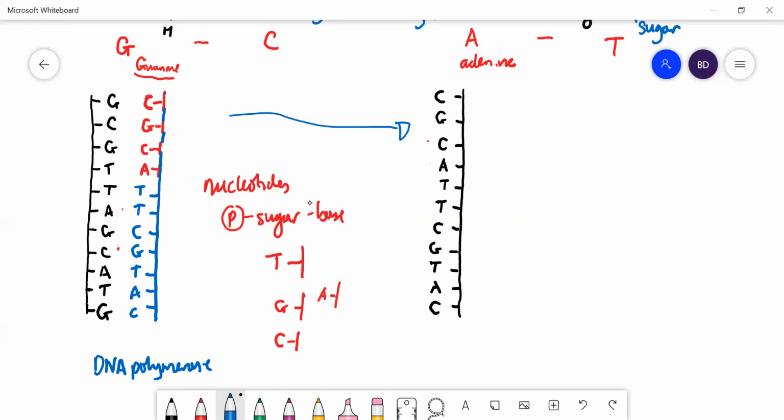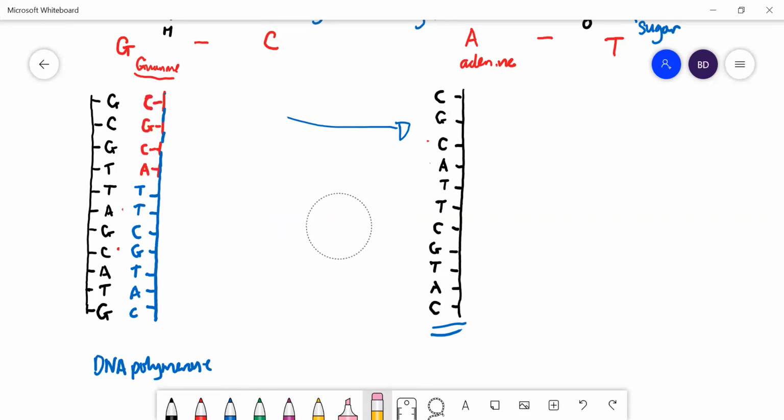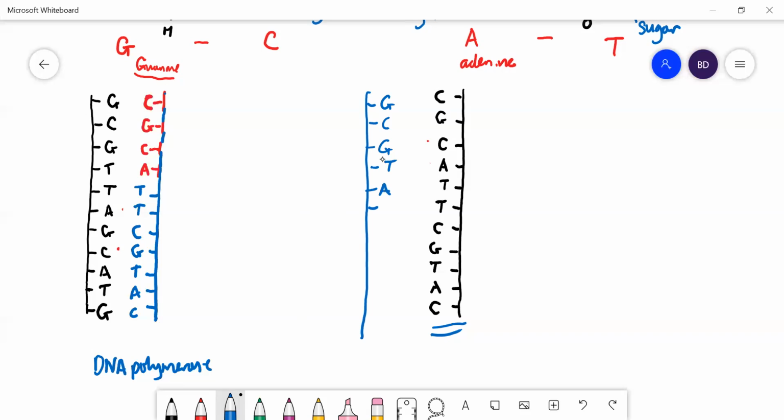And then with this strand here, you form a complementary strand. It's like a mirror image, if you like, opposite it. So I draw that there. G is going to go there. That'd be C, G, T, A, G, C, A, T, and G. And you've got two complementary strands.